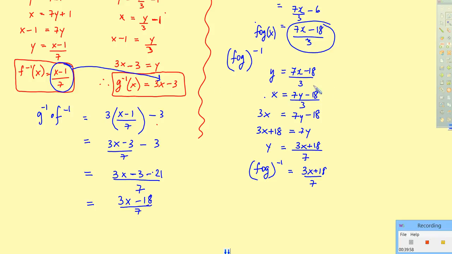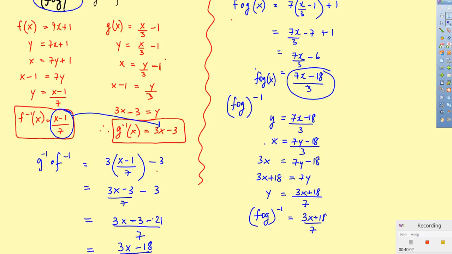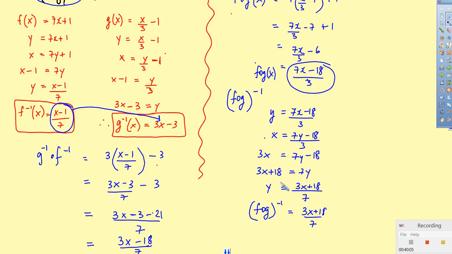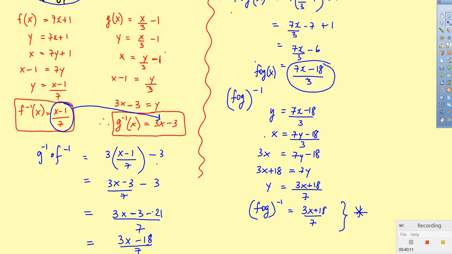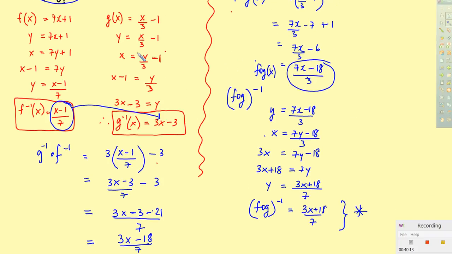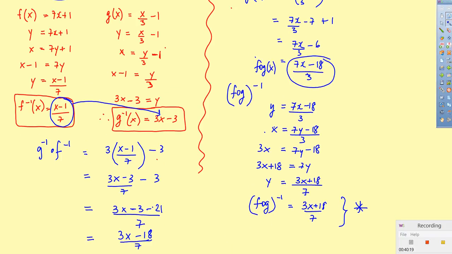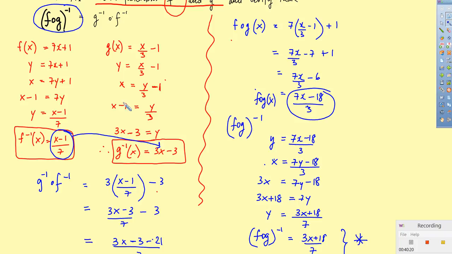okay, so the issue that I have just discovered is that the right-hand side of our equation is correct. It is 3x plus 18 over 7. Now, the issue that has been created is that in the original left-hand side, when we were finding f inverse x and g inverse x, I made a small error in the g inverse x.